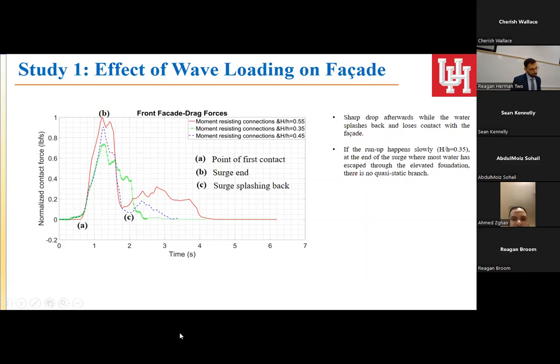What's more interesting for me is that there's a sharp drop afterwards. After the surge, the contact forces become not 0, but generally way less than the peak transient force. They are then followed by smaller forces until all the water has escaped to the foundation.